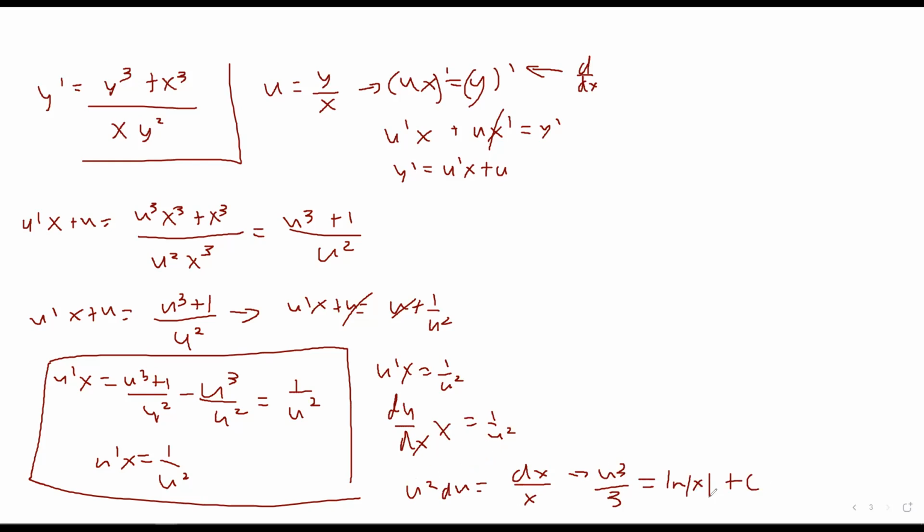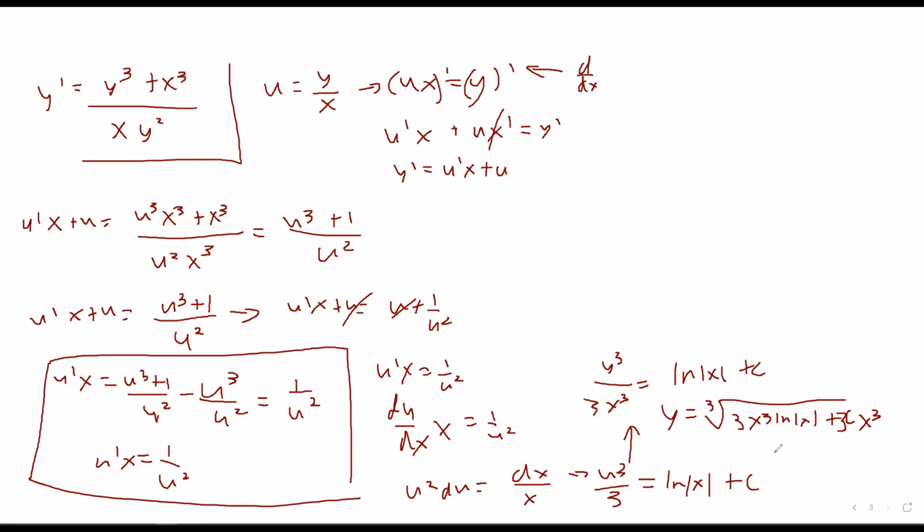And then we just plug in u, we get y cubed over 3x cubed equals ln x plus c. So y equals the cube root of 3x cubed ln x plus c 3x cubed.